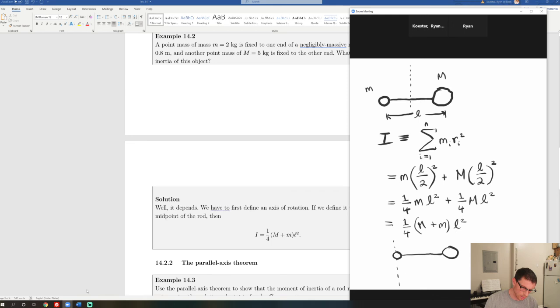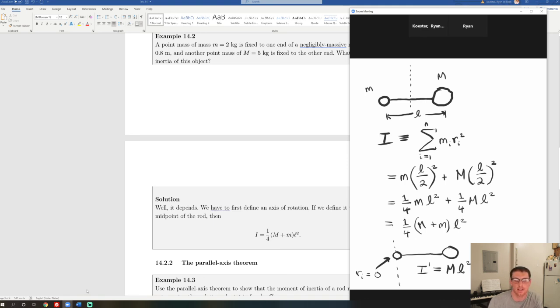In this case, our moment of inertia, I'll call it I prime, would simply be big M times L squared, because the small mass, r sub i for this one, is zero distance away from the axis of rotation.